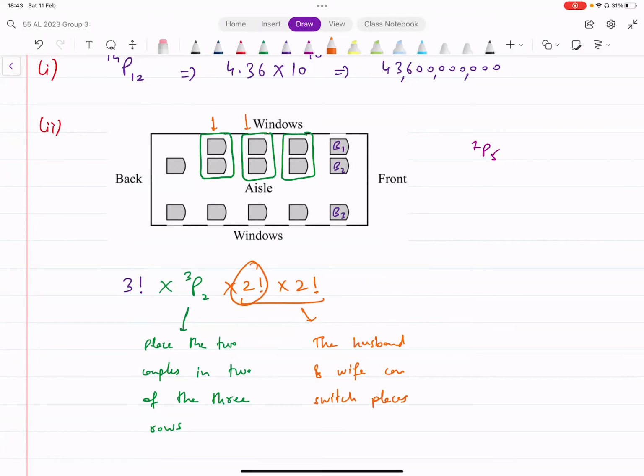So one of them is for Mr. and Mrs. Brown, and the other one is for Mr. and Mrs. Lin.